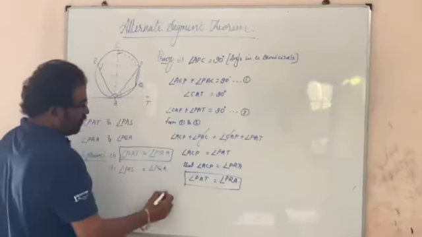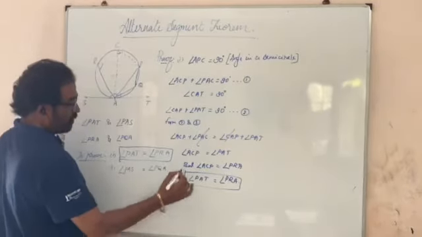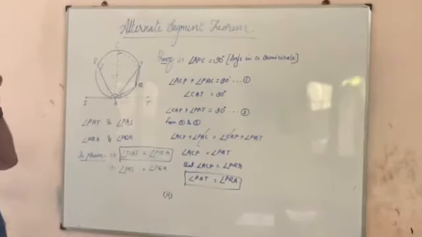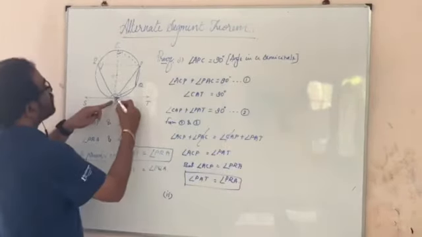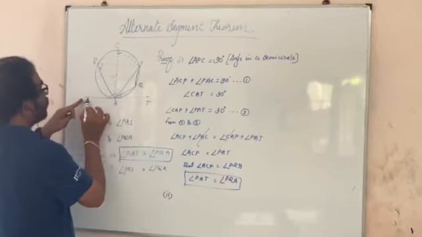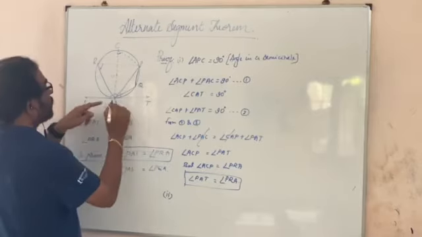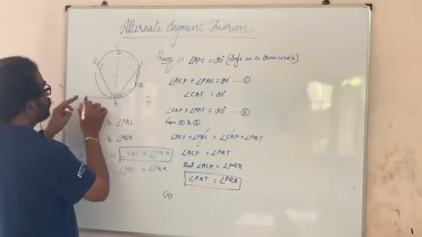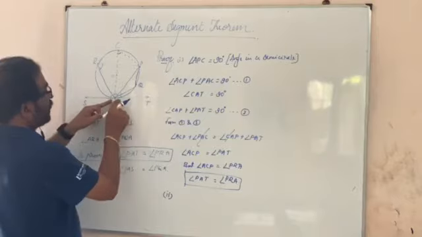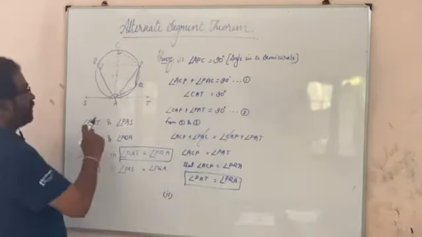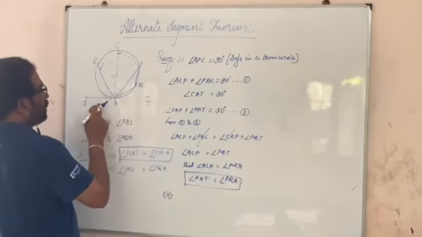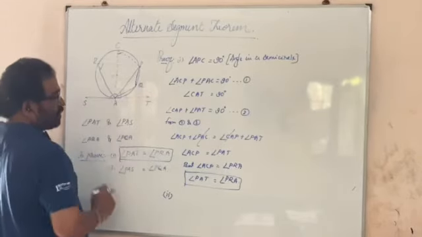Now going to the second one. Consider this AP as a ray standing on a straight line. So AP stands on the straight line ST at A. So the sum of the adjacent angles is 180 degrees. So I can say PAS plus PAT is 180.